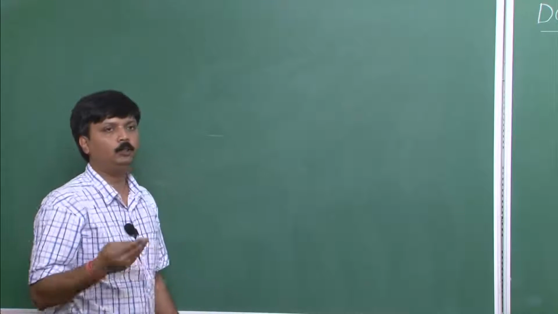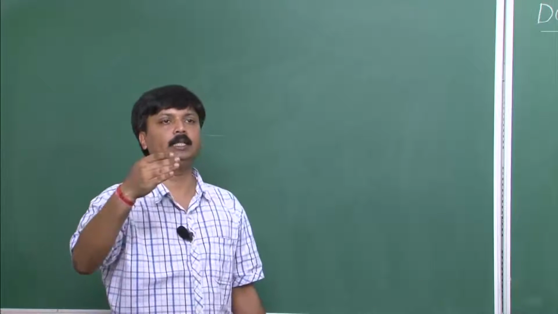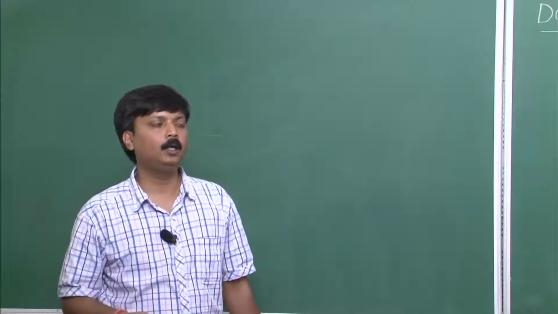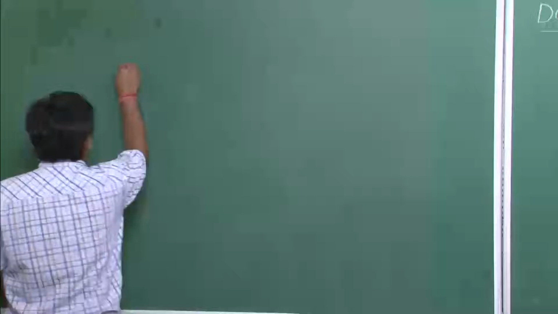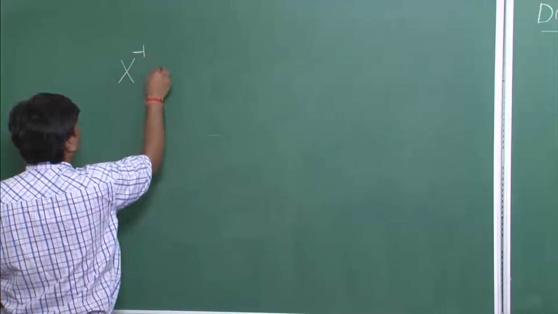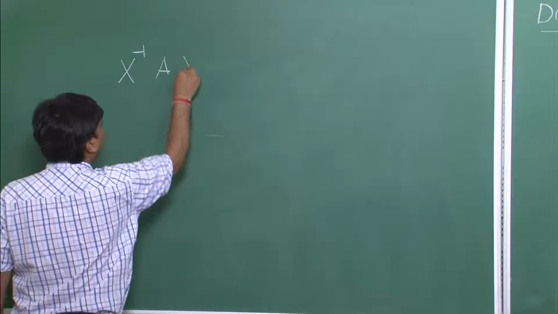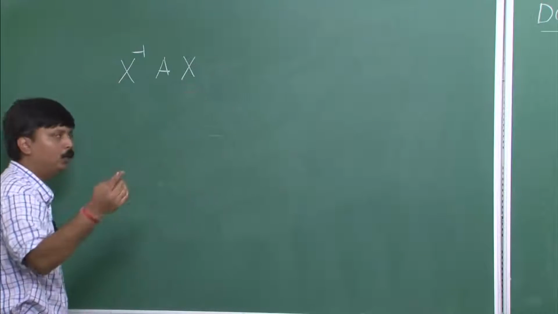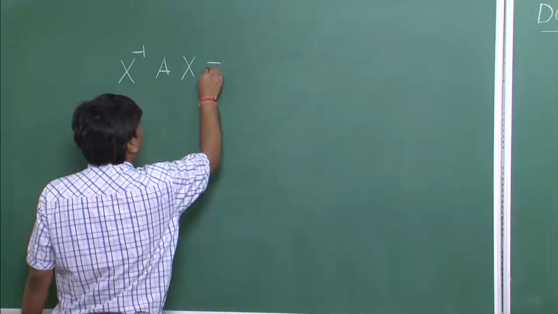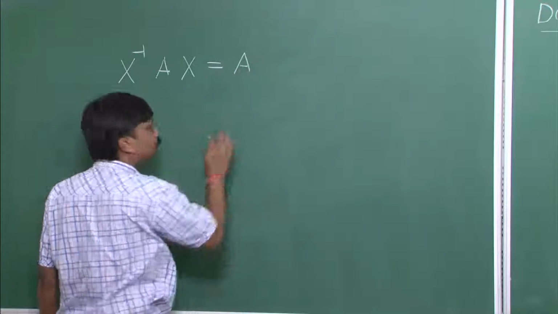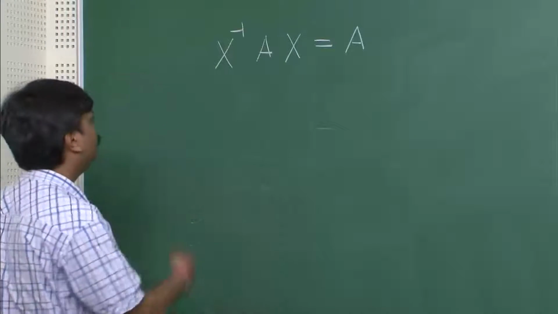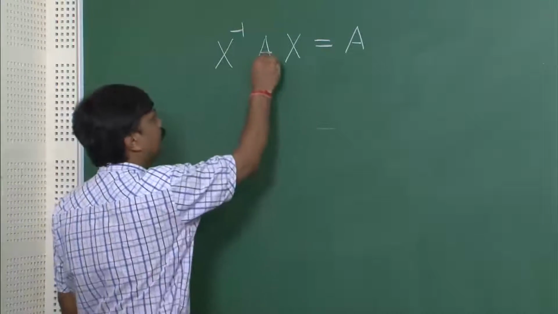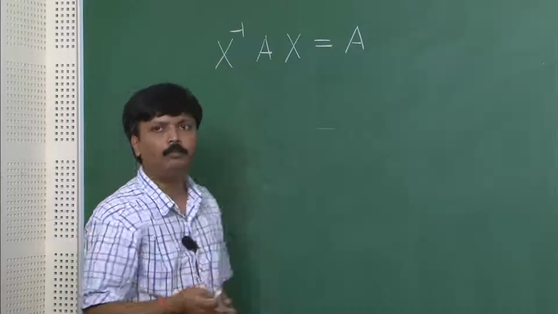We showed that X inverse A X can be some element B. What this property says is that for any element A and X belonging to a particular group, no matter what, this will always hold. That is a trivial case. That means any element is a conjugate of itself.